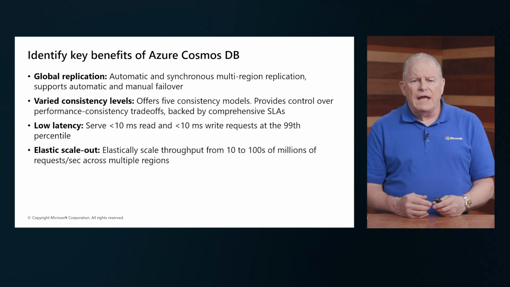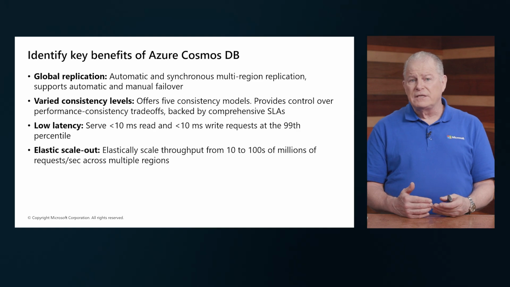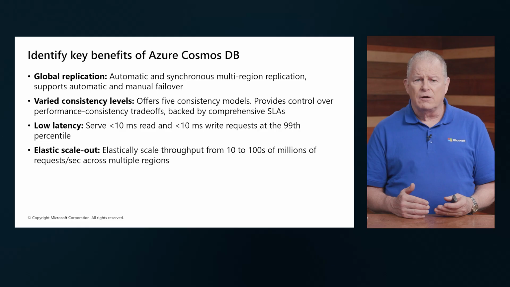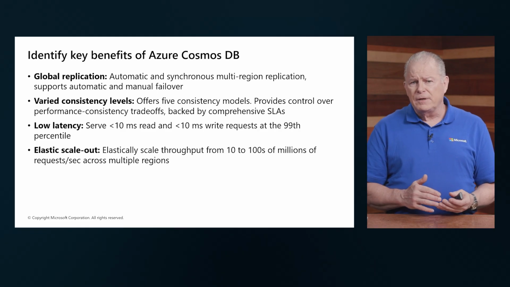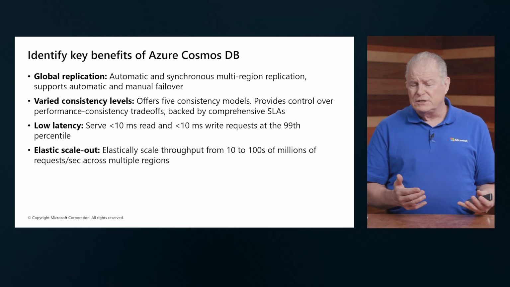So when you take a look at some of these characteristics of what makes Cosmos DB unique, as I said, it provides a global replication model that will now automatically replicate this data, not just within the region.